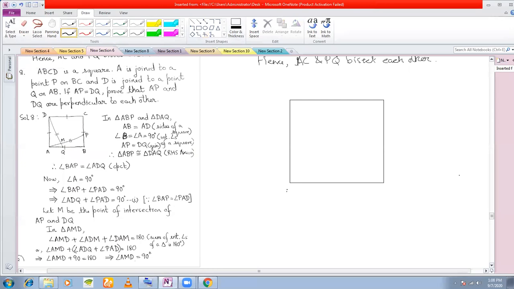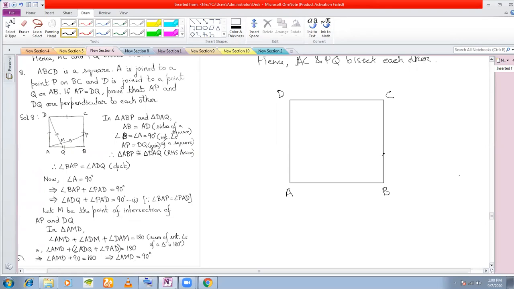The square is given, so all four sides are equal. We'll do the markings a little later. A is joined to a point P on BC. Let's take any point P on BC. This diagram is not given, so I'm drawing the diagram.